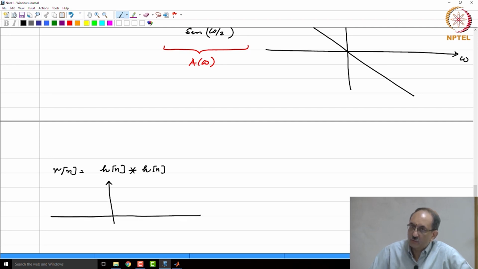If you convolve a rectangular pulse with itself, it will become a triangle. Therefore, this will be the envelope of R of n. So, really if I want to plot the stem plot, it will be like this, and this is between minus 2n to plus 2n.